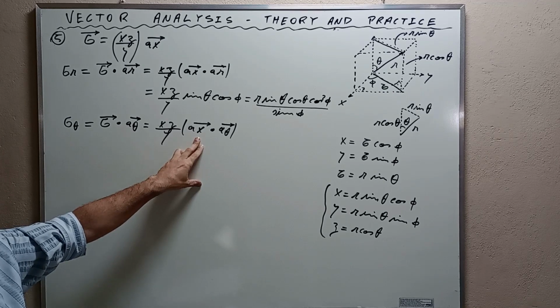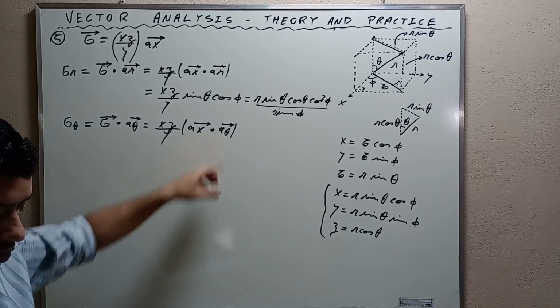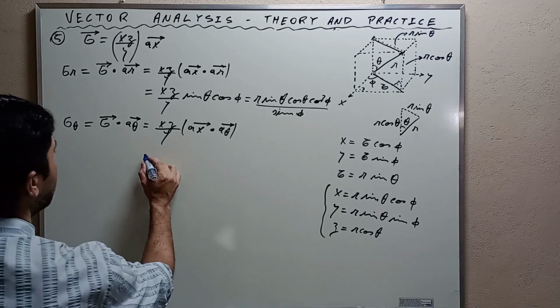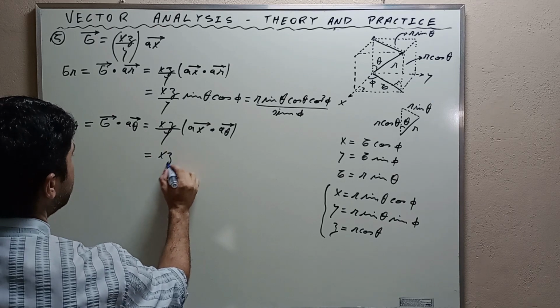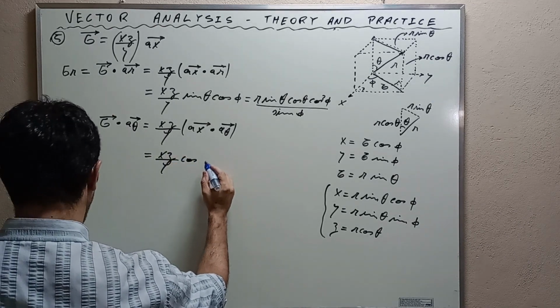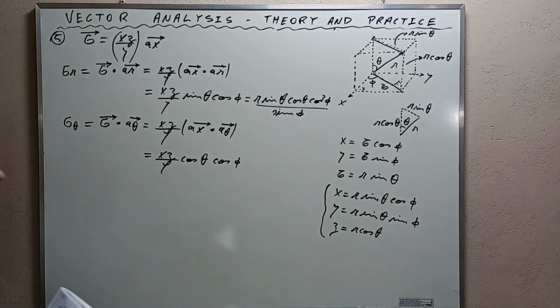The dot product between ax and a theta is cosine theta cosine phi, so xz over y cosine theta cosine phi.